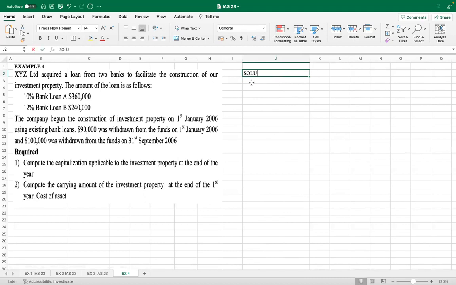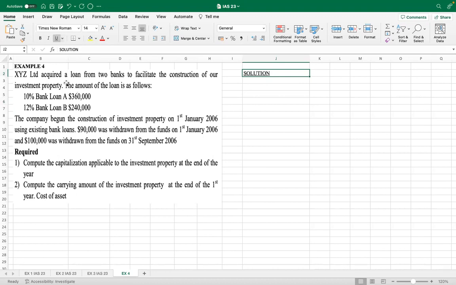So let's solve these as we wind up. So the question reads, XYZ, please let's be attentive because this is again a completely different type of equation on borrowing costs. XYZ acquired a loan from 2 banks to facilitate the construction of investment property.